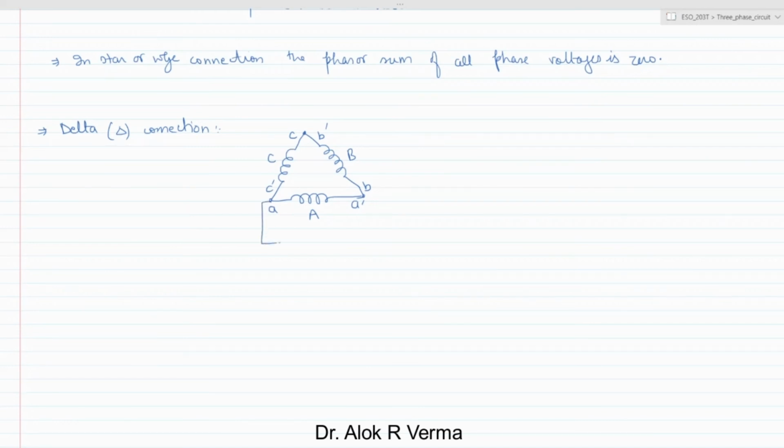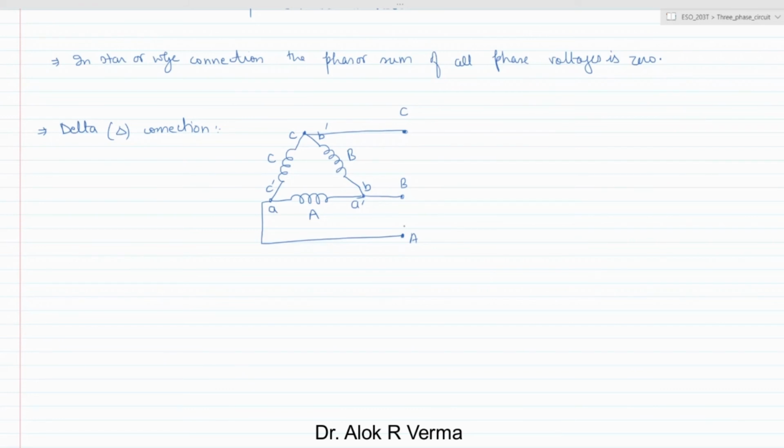So this is C, this is B, and this is A. Okay, the positive terminal we have taken. So these are basically the voltage terminals which are coming from a mesh connection.